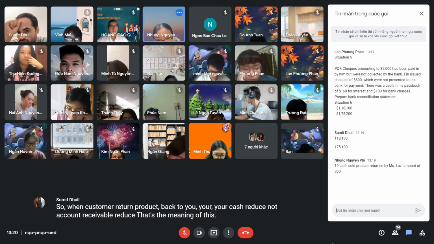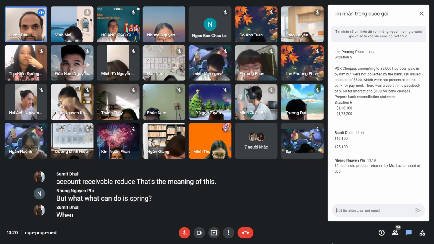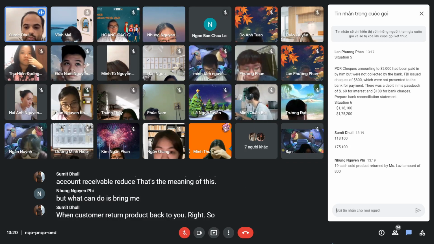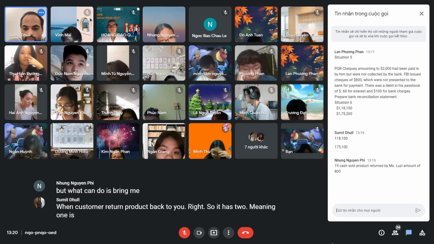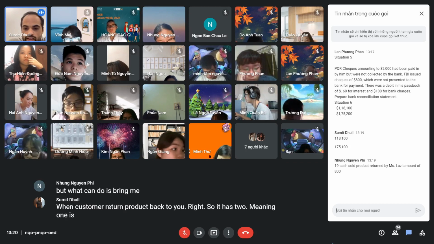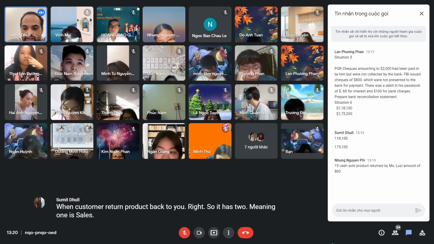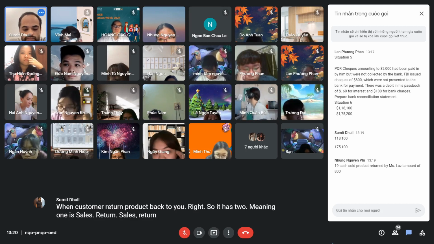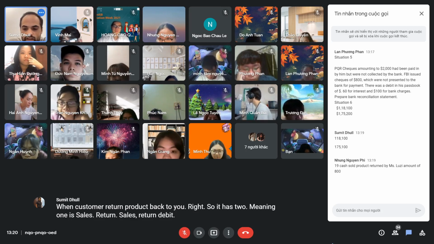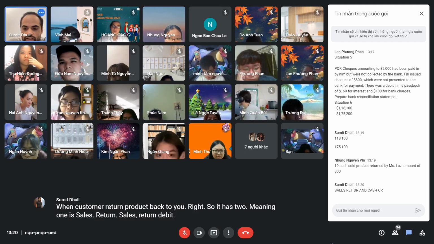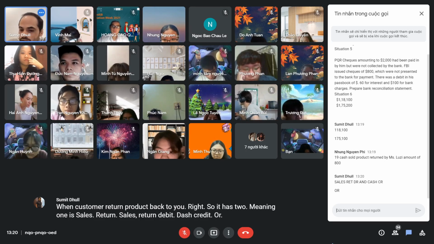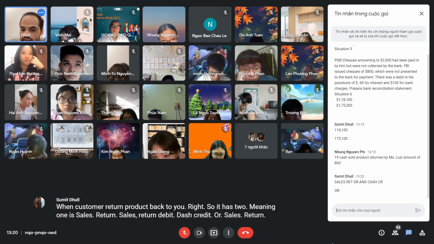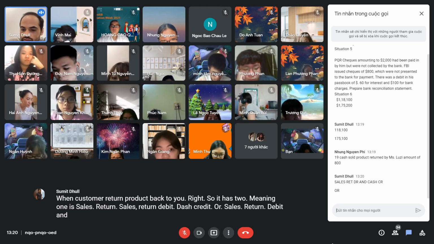Can you explain it? When the customer returns product back to you, it has two meanings. One is sales return debit and cash credit, or sales return debit and accounts receivable credit.